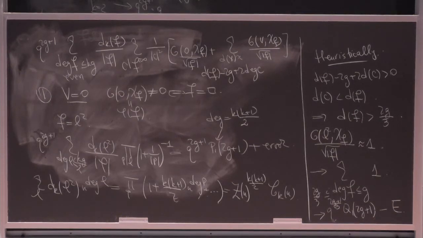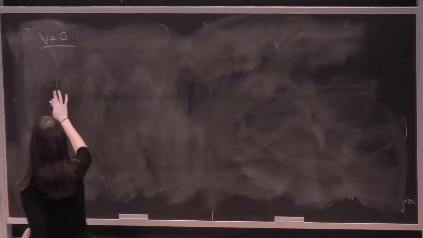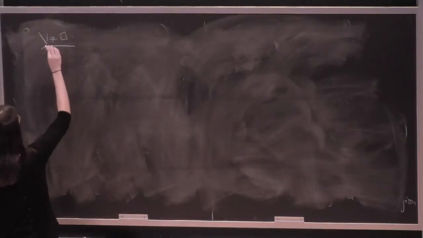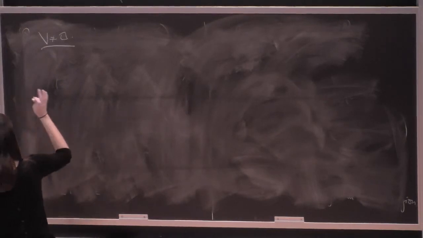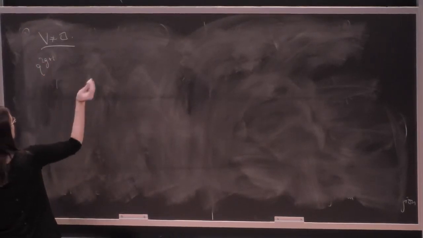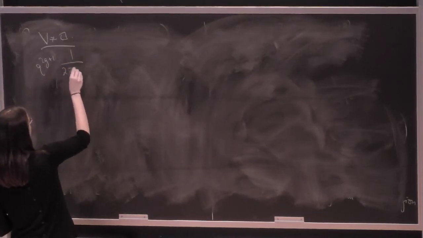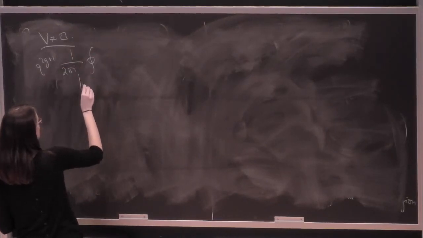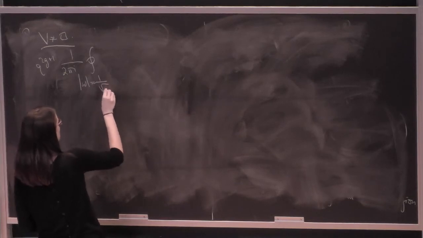So now we are left with v non-square, which in some sense is the hardest term to deal with. If v is not a square, then let me rewrite this off diagonal term in a simpler way. So this will be roughly the integral over the critical circle of radius 1 over square root of q.